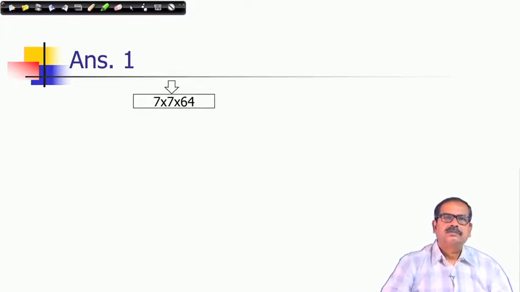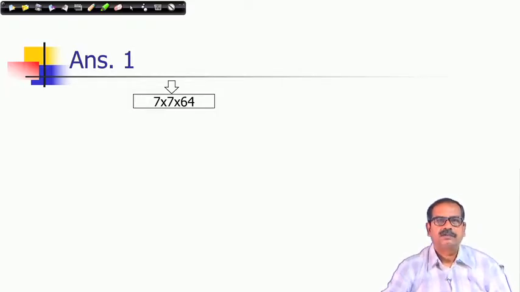As you can see, there is an input layer, which is going to the first convolutional layer of filter size 7 cross 7, and since there are 64 channels, it should be a filter size of 7 cross 7 cross 64.